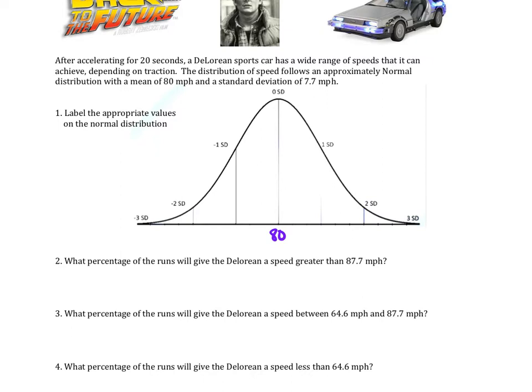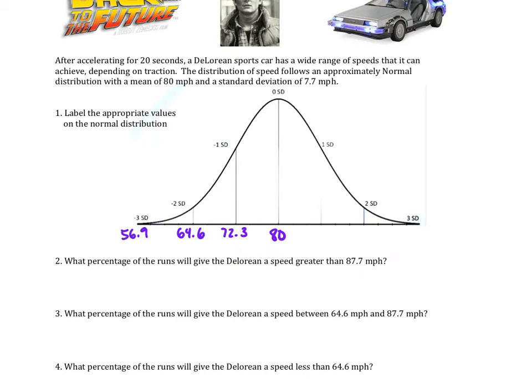So if I subtract 7.7, I get 72.3. If I subtract 7.7 again, I get 64.6. If I subtract 7.7 again, I get 56.9.